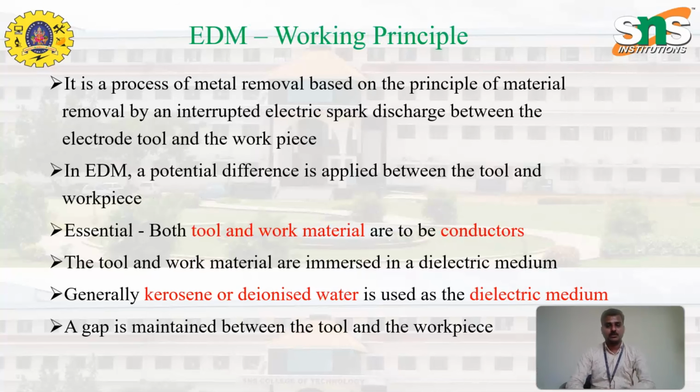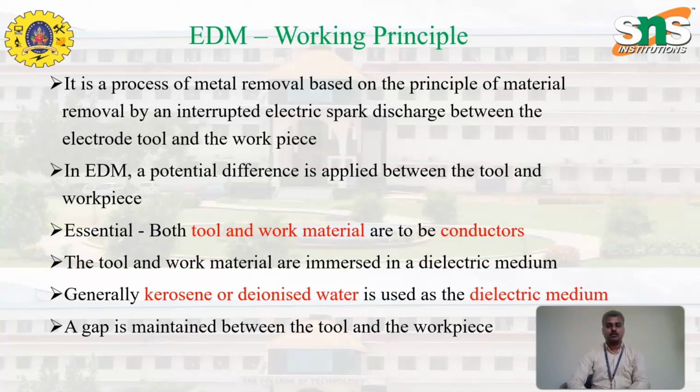EDM machine working principle. EDM is a metal removal process based on the principle of material removal by interrupted electric spark discharge between the electrode tool and the workpiece. Welding is used for joining two metals, whereas the electric discharge machine is used to remove material from a particular part of the object or product.